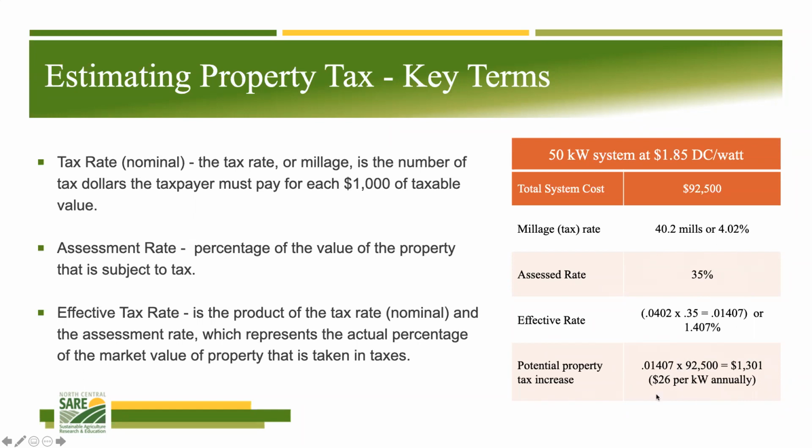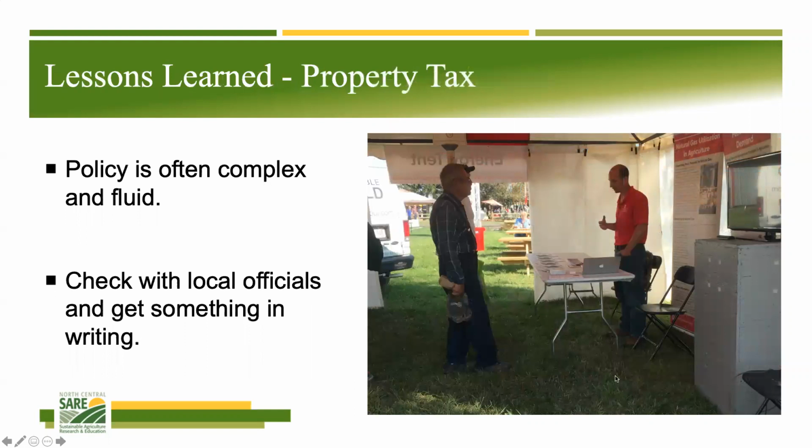You could break it down per kW and see $26 per kilowatt annually for that 50 kW system. So it's really important to understand if property taxes are going to play a role in your project.